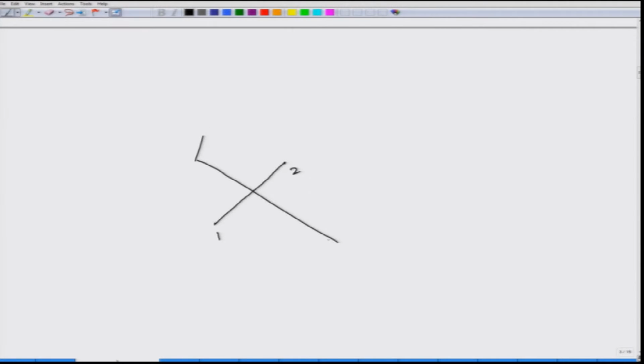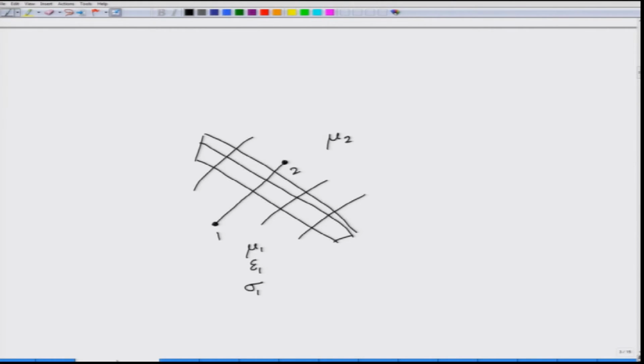So, this is my plane which is separating point 1 and point 2. Point 1 is in a region characterized by mu 1, epsilon 1 and if necessary sigma 1, the conductivity. Point 2 is in the region which is mu 2, epsilon 2 and sigma 2.